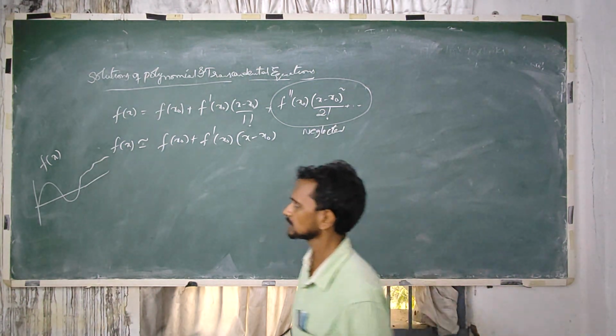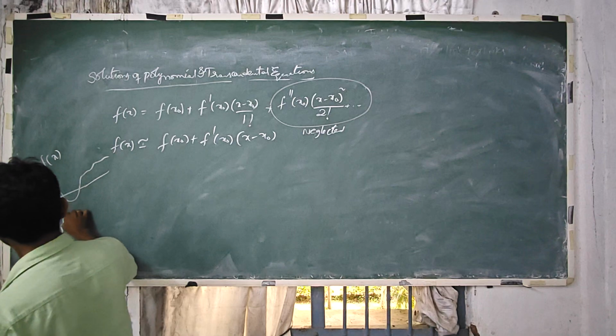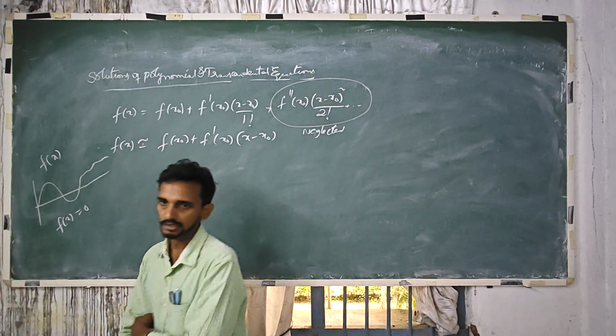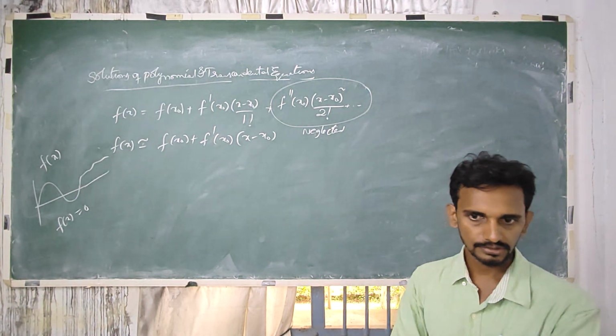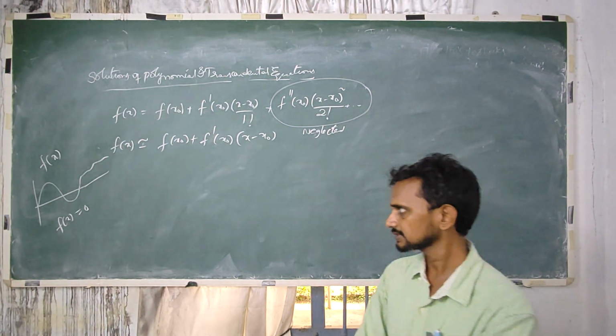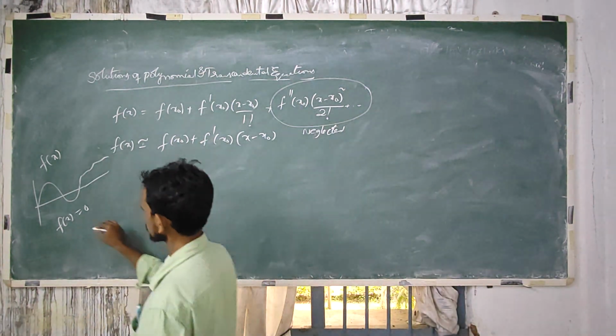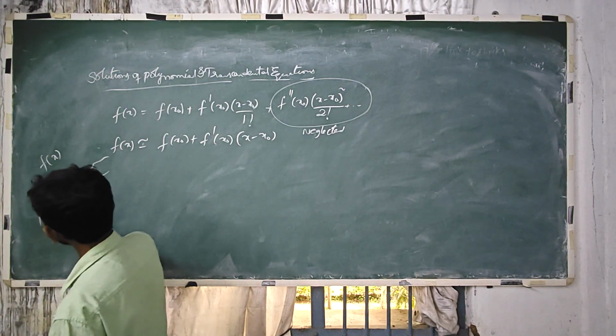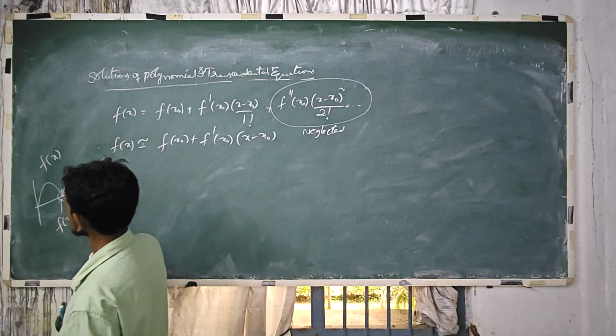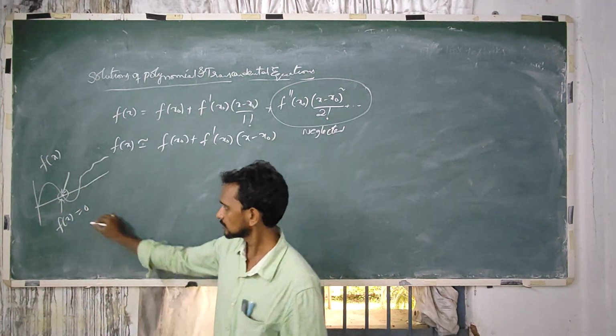The solution means you have to write f(x) = 0. You have to identify the location of x where the function becomes 0 and identify the value of x. So x is the solution.